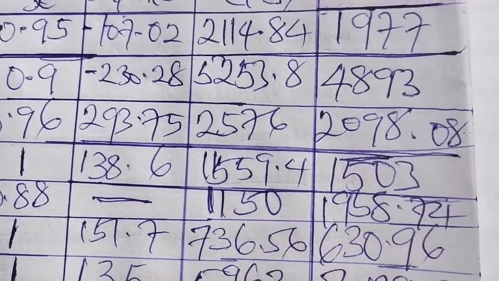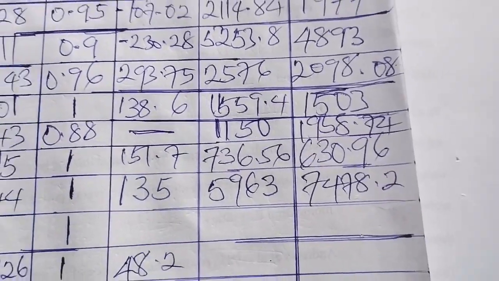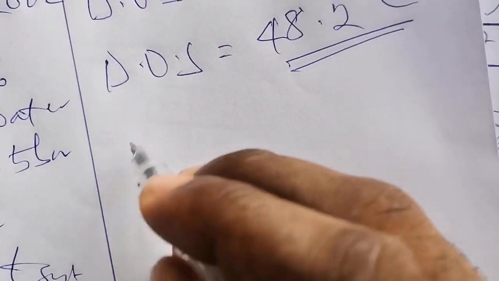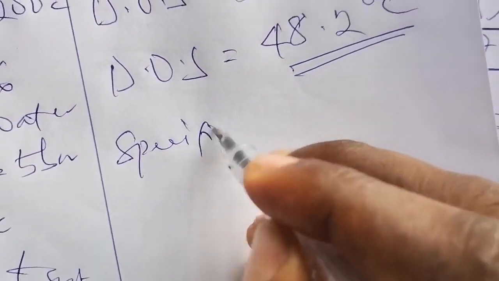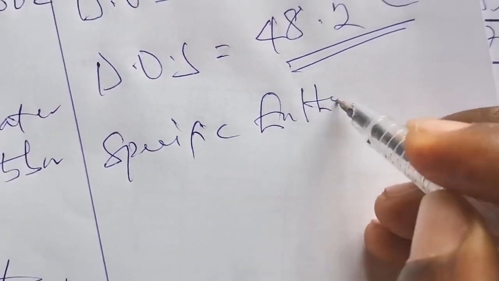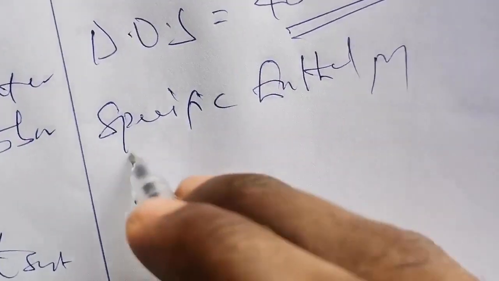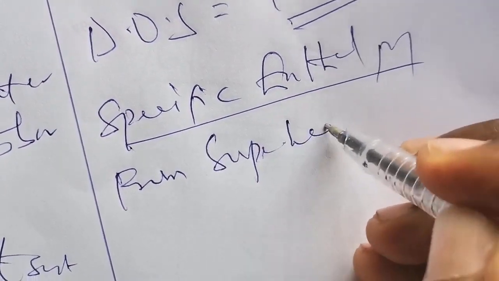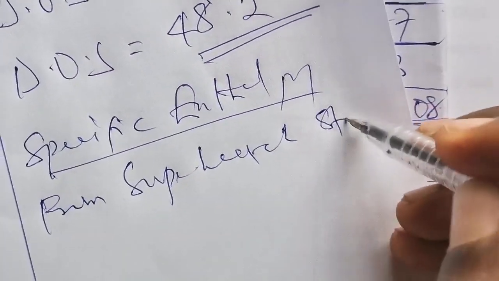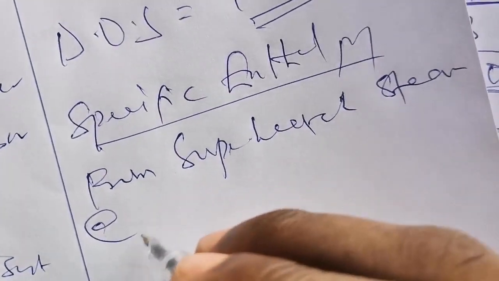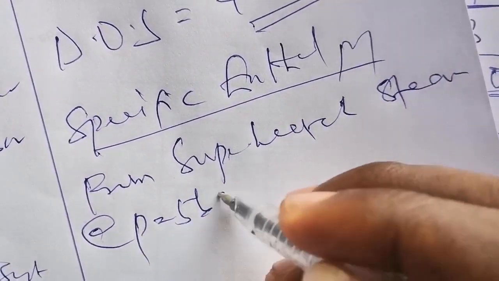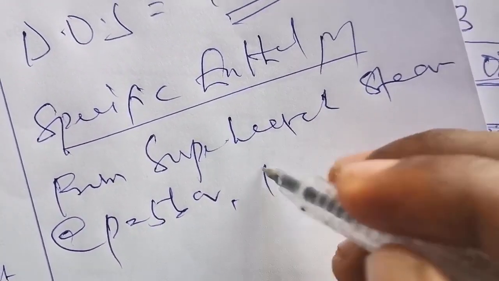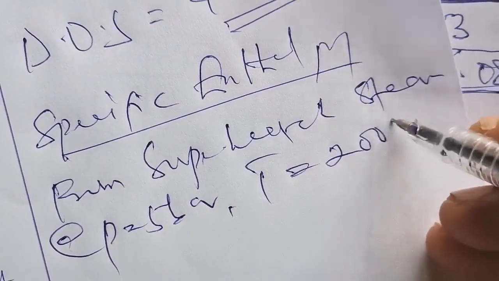Next is to find enthalpy and internal energy. For superheated steam, specific enthalpy is gotten from the superheated steam table, corresponding to the given pressure of 5 bar and the superheated temperature of 200 degrees Celsius.